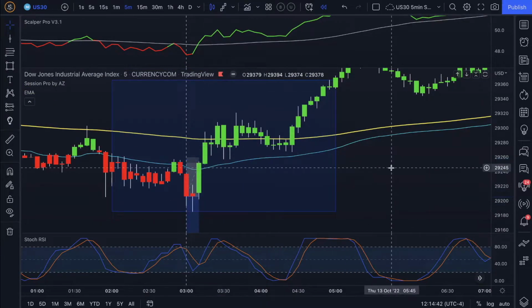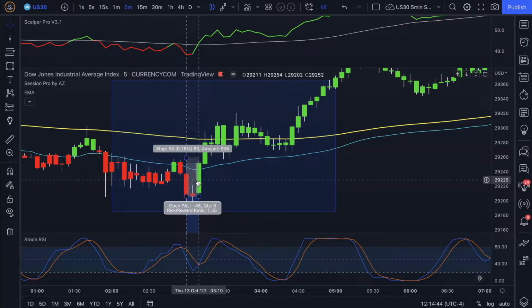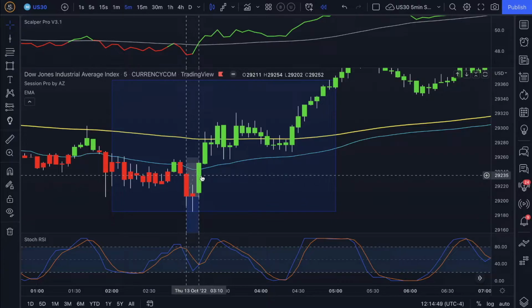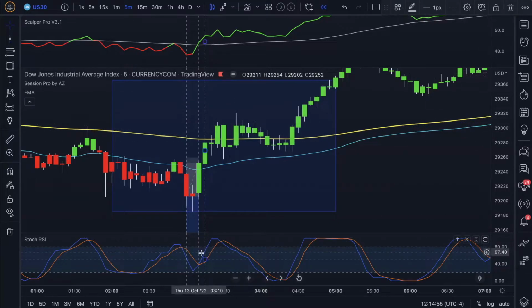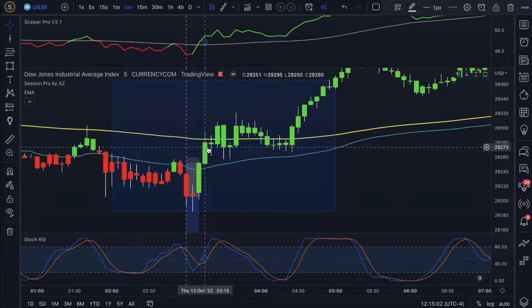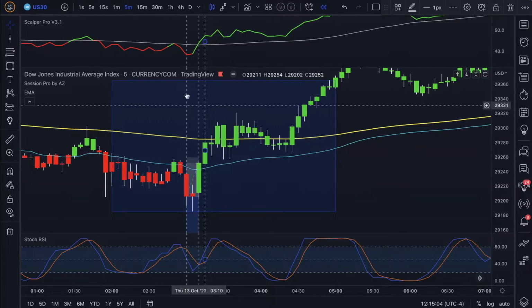Right afterwards, we saw the Scalper Pro turning bullish right on this candle, right on the candle where we almost lost. So we wait for one more candle, and now on this bullish candle, we had a bullish stochastic RSI cross below the 50 level, above the VWAP, and almost made it above the 144 EMA.